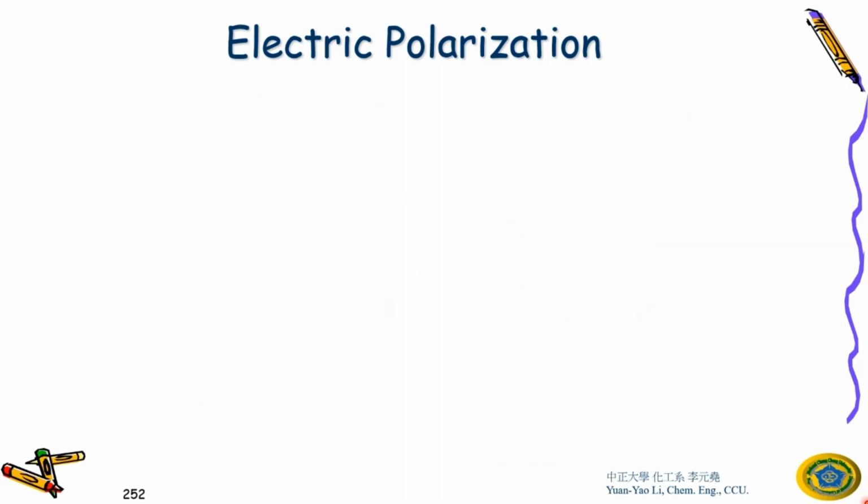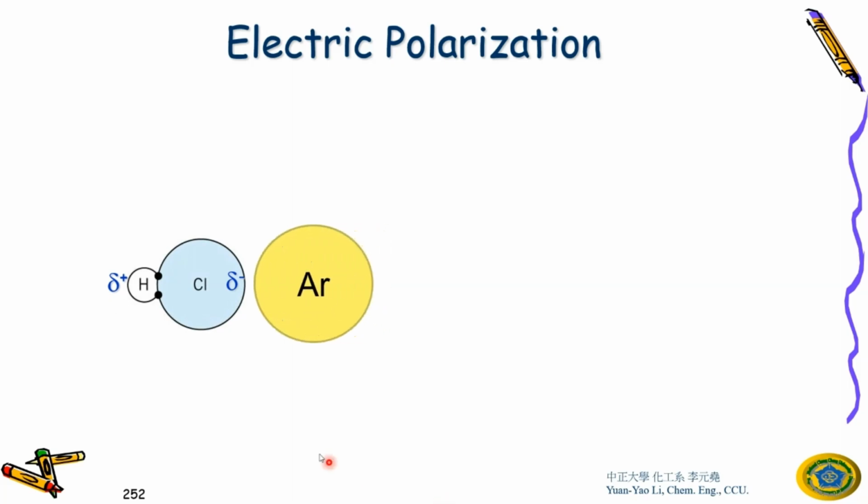Let's have some more explanation about this dipole-induced dipole interaction. This is called electrical polarization. On the previous page I showed you that if we have an argon species here, of course you have positive and negative charge, and bonding energy between both species.